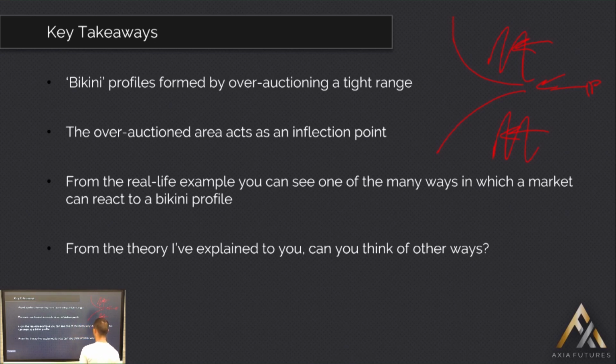The thing I want to leave you with is, from the theory that I've explained to you today, can you think of other ways that you could trade around a bikini profile and use this concept? What's really valuable about this is that if you've thought about it before the time comes, then you're able to react in the moment with the confidence and conviction that you need when you're trading.